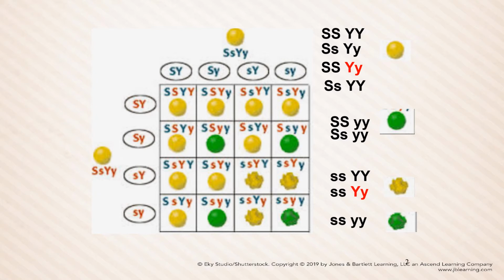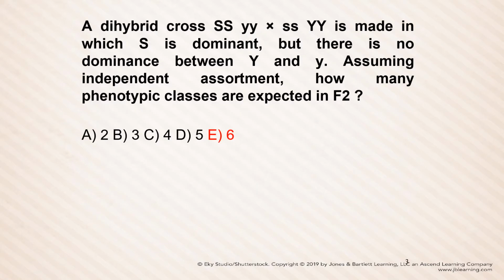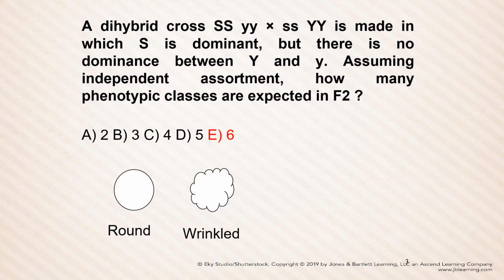However, when you have a heterozygous here and a heterozygous here, something new will happen. You're going to have, for example, round, wrinkle, but when you have a heterozygous, you can start creating something, I don't know, smooth, square, give the name that you want, but you get an additional phenotype because there is not a complete dominance there.